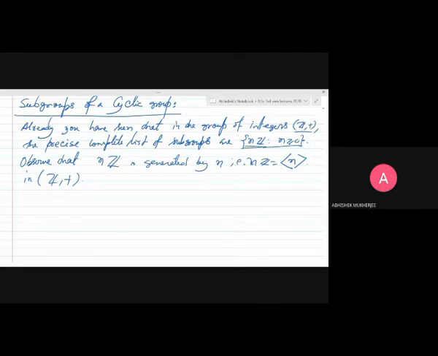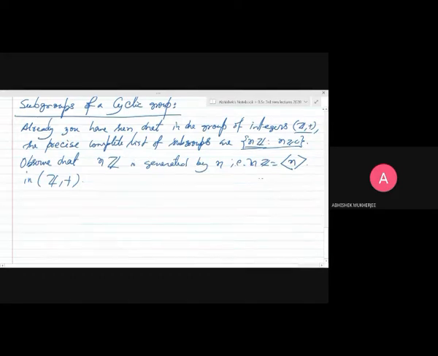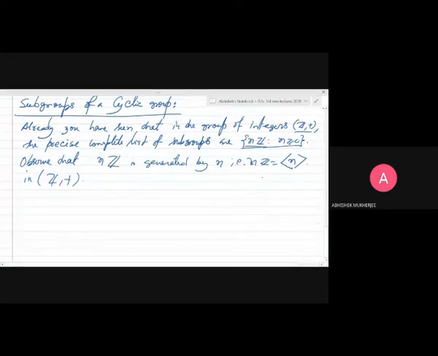Now the proof of characterization of subgroups of Z plus involves two things. The one important thing was the well ordering principle, and the second one was the division algorithm, right?